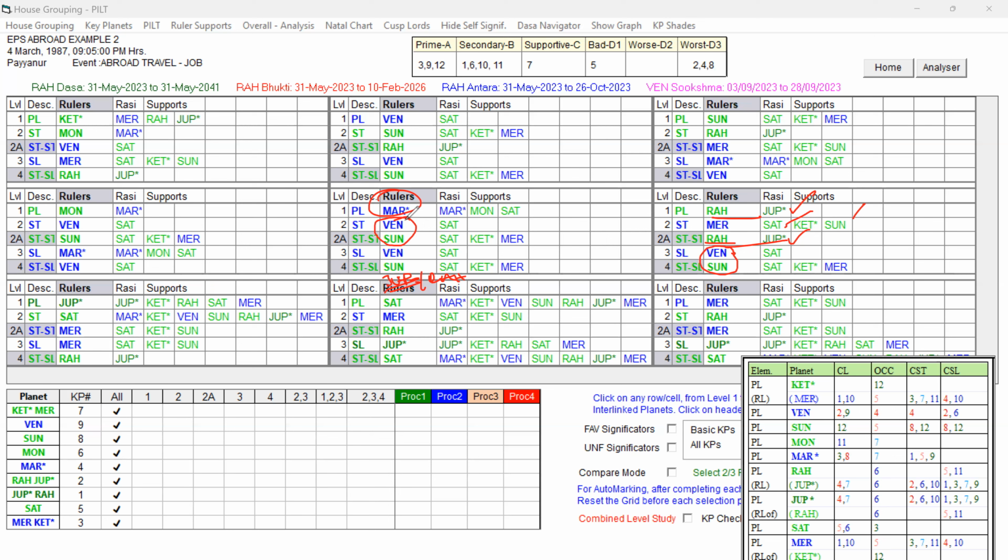So the dasa lord's good key planets Venus and Sun play a role here, and the other good key planets Jupiter and Rahu also play a role through the source and sub level. So Mars Dasa, Rahu Bhukti is strong enough to send her abroad.